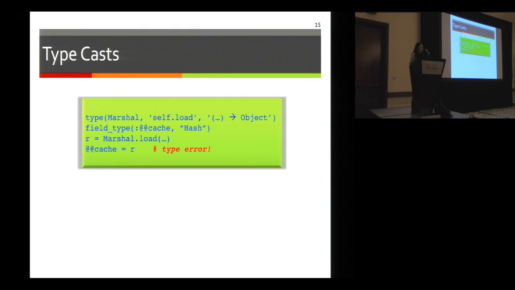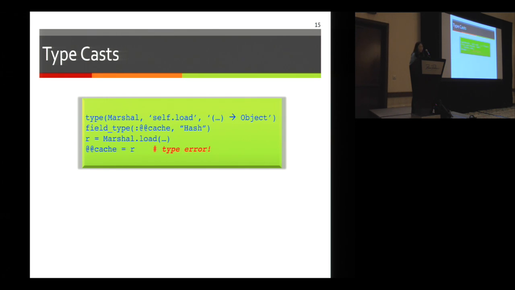Hummingbird also supports typecasts, and here is an example. We annotate partial.load to have a return type, and then we annotate the class variable cache to have type Object, and we store the result of partial.load in the class variable. We will actually have a type error here.